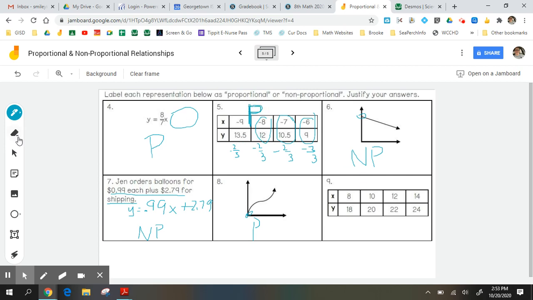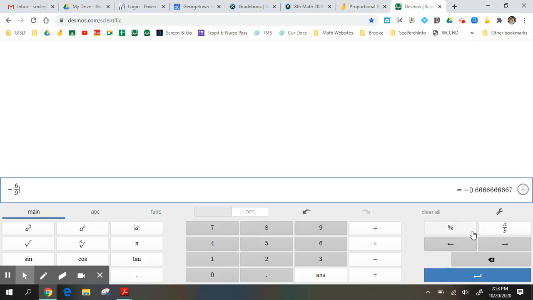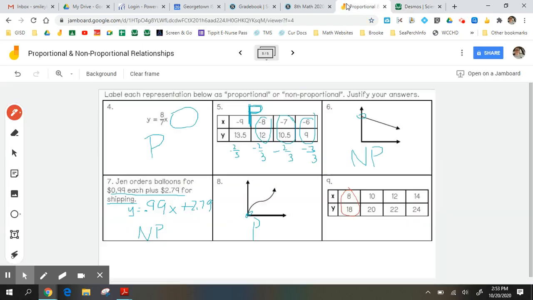So let's try number 9. I'm going to get a different color because blue is covering this page. So what is 8 divided by 18? 0.4 repeating. So I'm going to leave it as a decimal. 0.4 as a fraction.